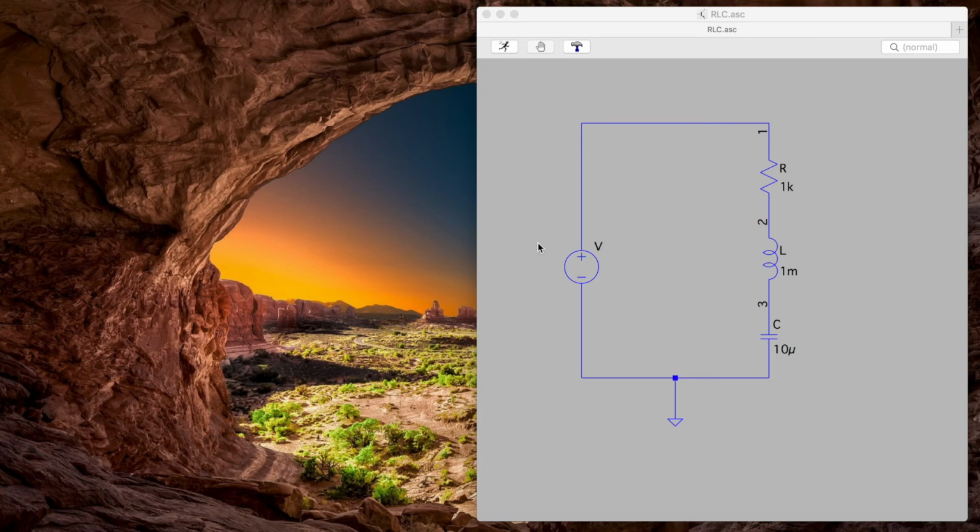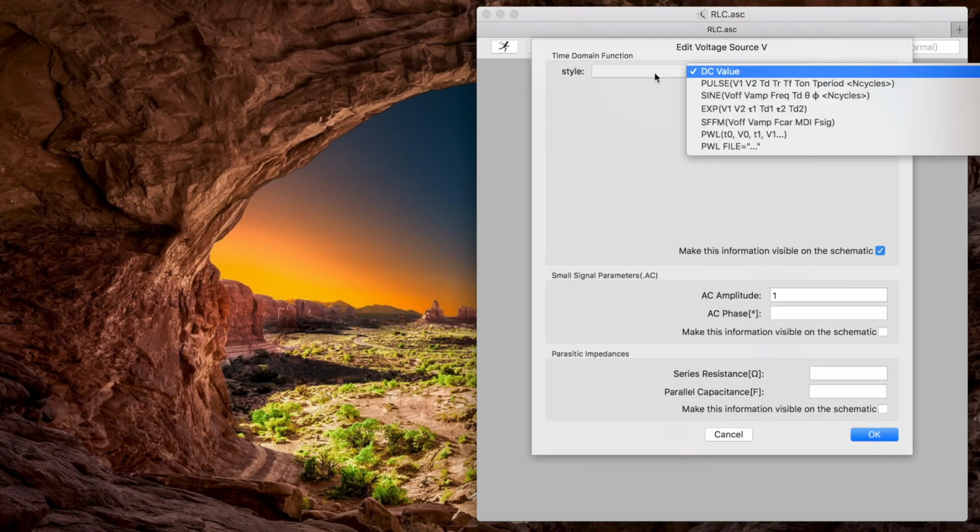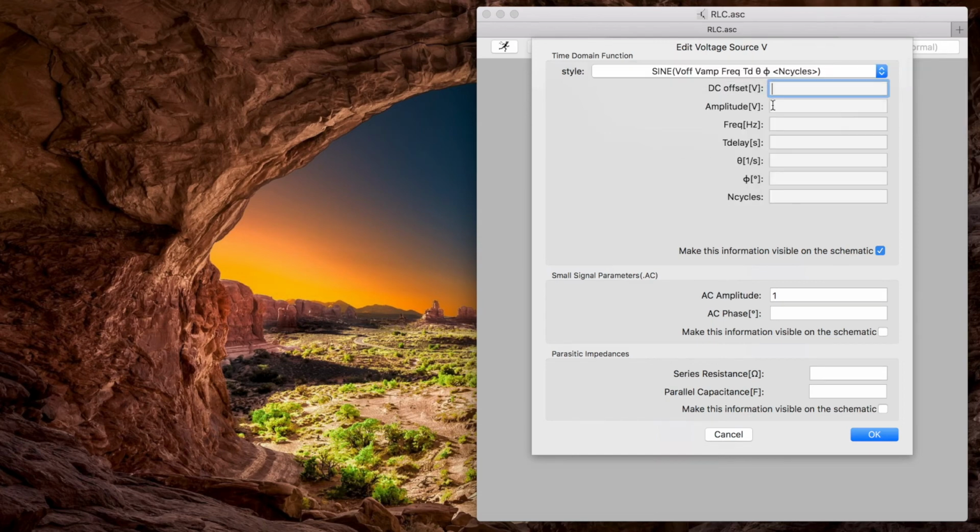So let's study the circuit at a frequency of 10 Hz with the directive point .tran. First, configure the voltage source with sine, with an amplitude of 1 volt and a frequency of 10 Hz.